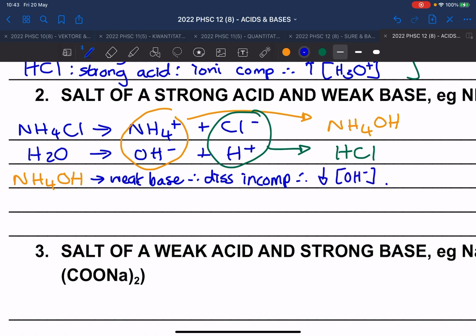Okay. Now, you can write that down in the test or an exam, but the following are the words they also want you to use. They want you to say that this means that the ammonium ion removes hydroxide ions from the solution.